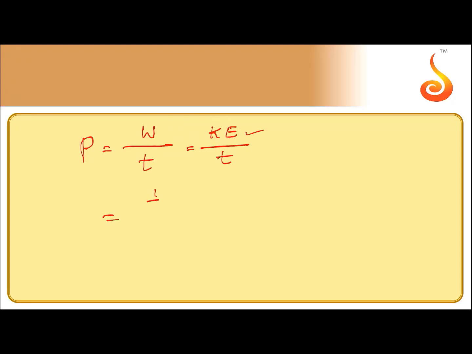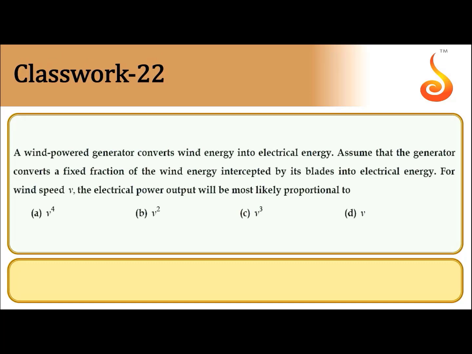Remember, we had come across this kinetic energy, which is given by half rho A V cube, and this is divided by t. So if you simplify it further, we get power is directly proportional to V cube. A very simple problem. Power is directly proportional to V cube. C is our correct choice.